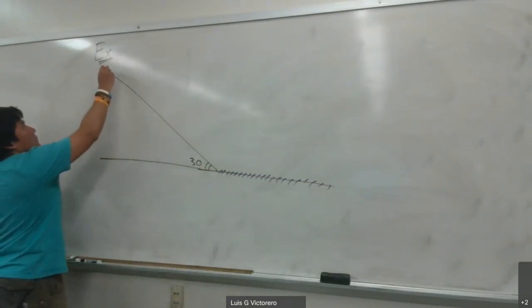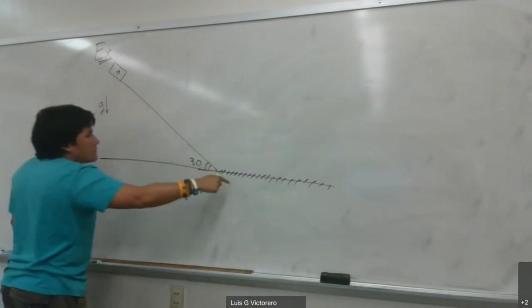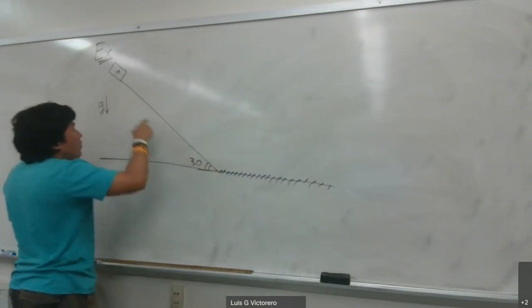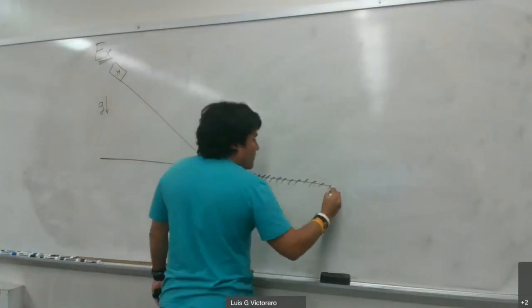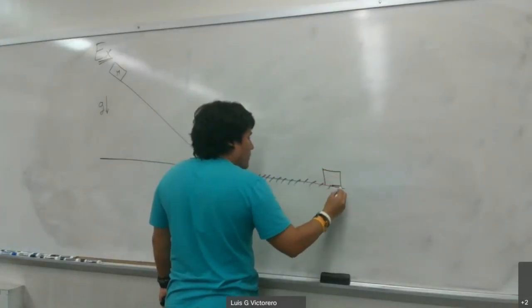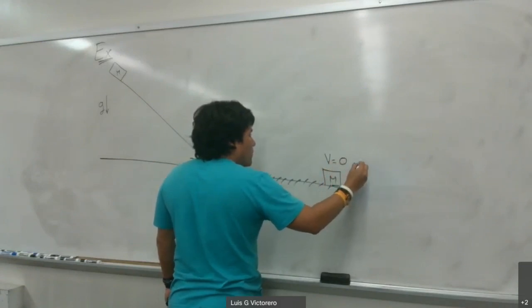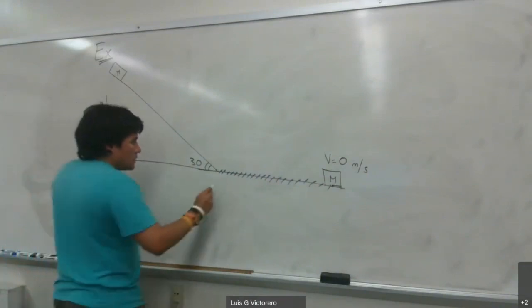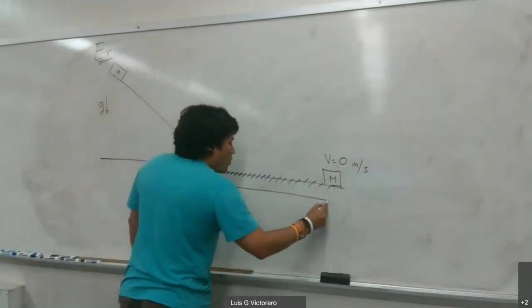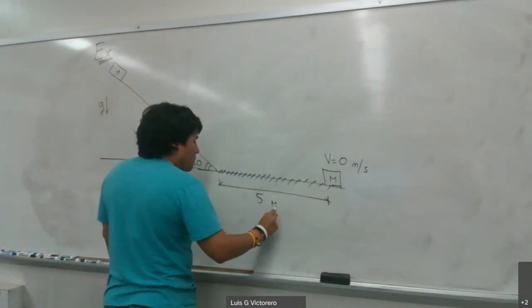You have a mass M that is gonna slide through this frictionless incline, and then it's gonna stop here. The length, let's make it 5 meters.